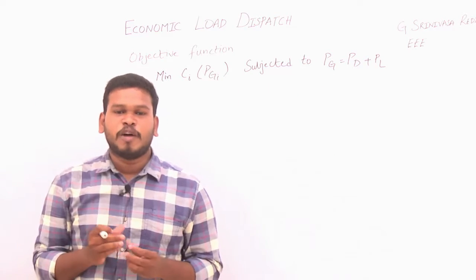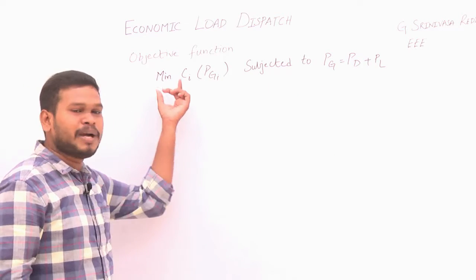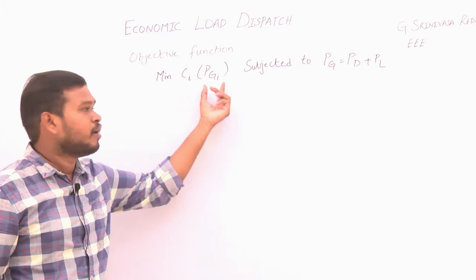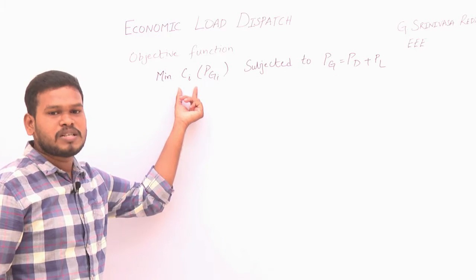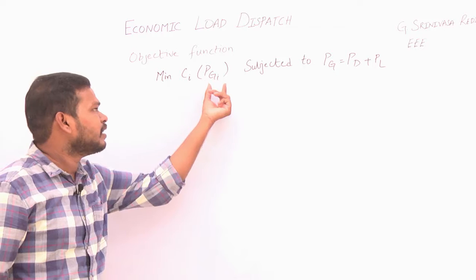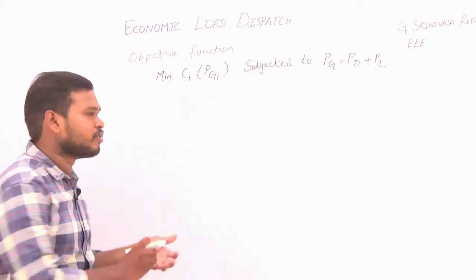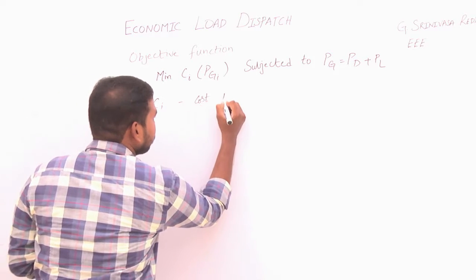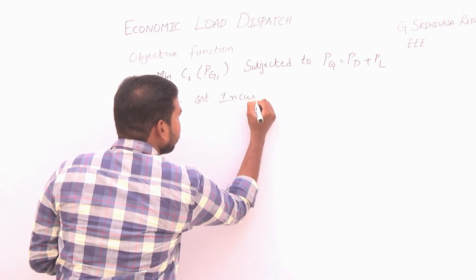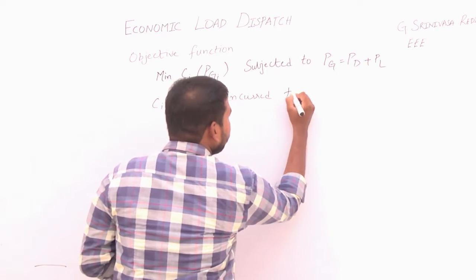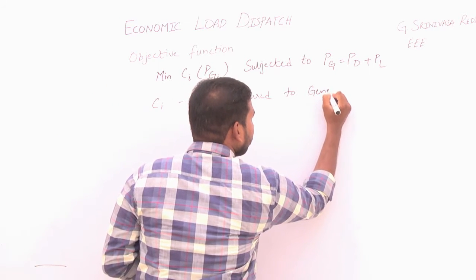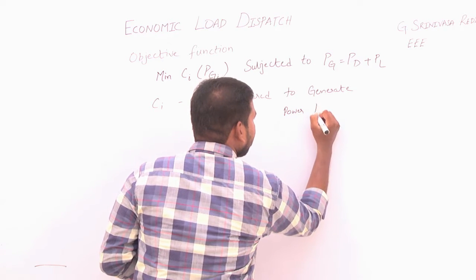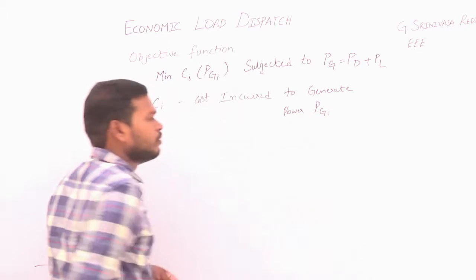So, the objective function is to minimize Ci of Pgi. That is nothing but Ci, the cost incurred to generate power Pgi.